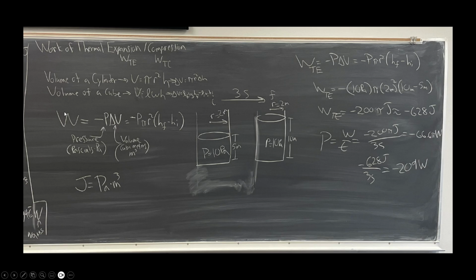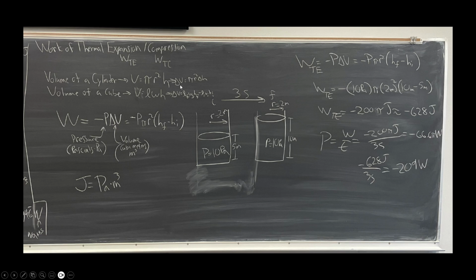Our formula for thermal expansion or compression is work, W, equals negative P delta V. P is pressure in pascals, or capital PA. Change in volume is going to be cubic meters, or m cubed. Now, if your container is a cylinder, volume equals pi r squared h, with the radius usually being a constant.